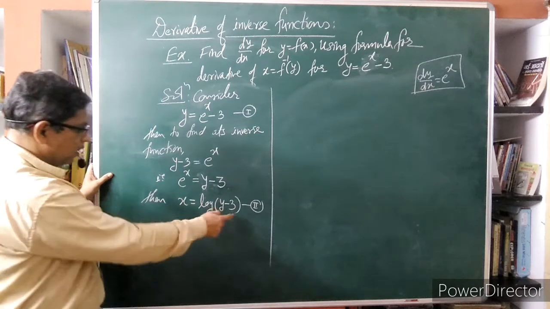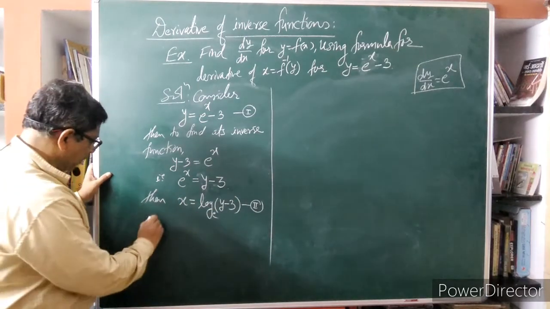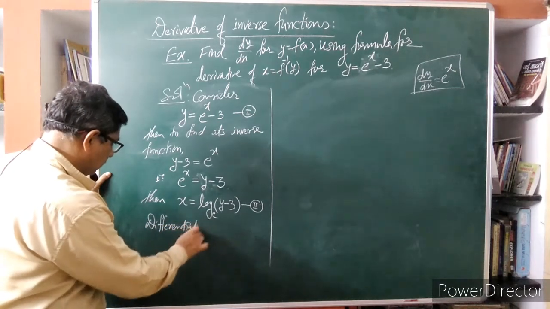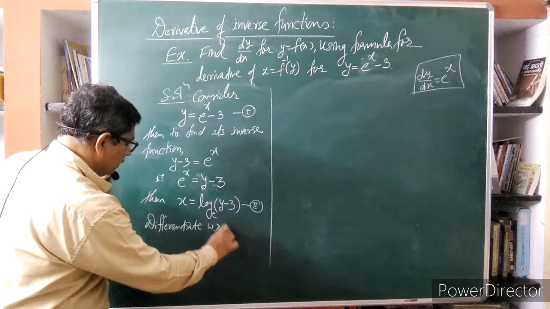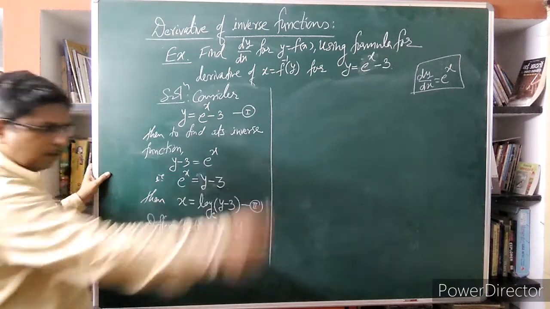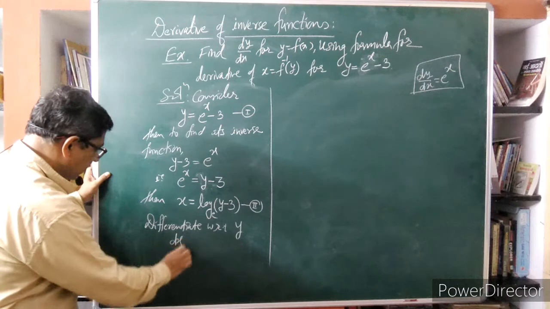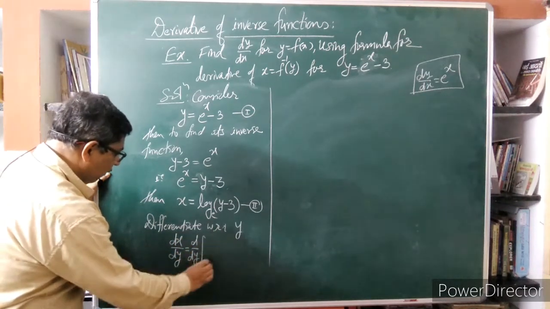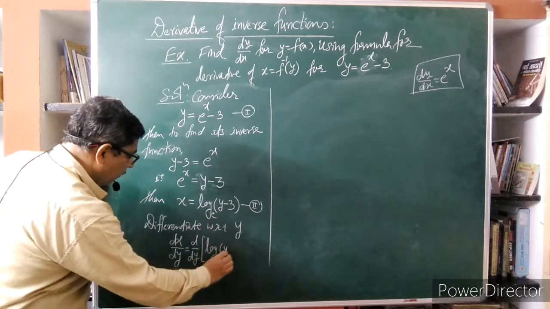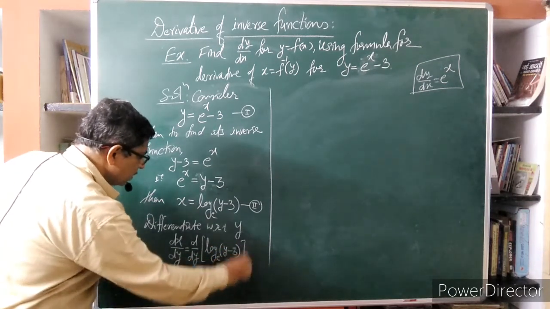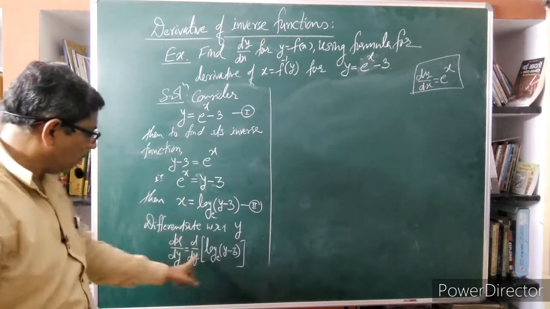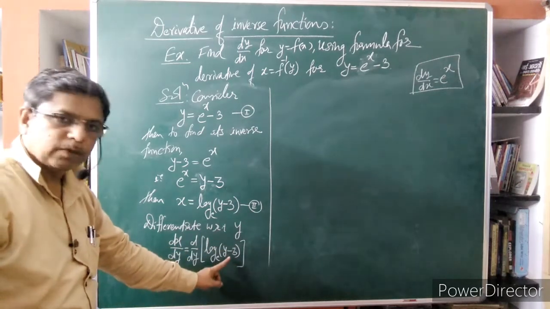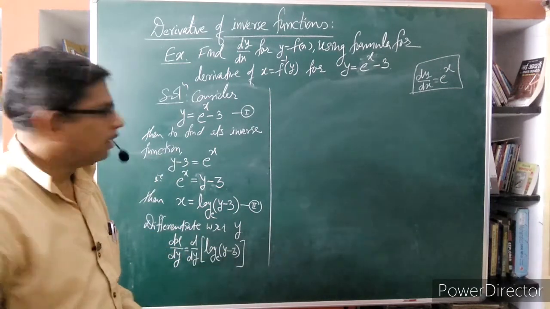Now we are getting x as a function of y. Differentiate it with respect to y, as it is a function of y, we'll differentiate both sides here. dx by dy is equal to d by dy of log of y plus 3 to the base e. See, this is a composite function because instead of log y, as we are differentiating with respect to y, it should be y here. So we'll use the chain rule.